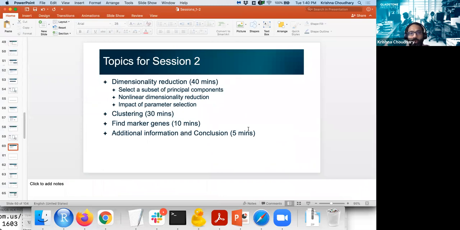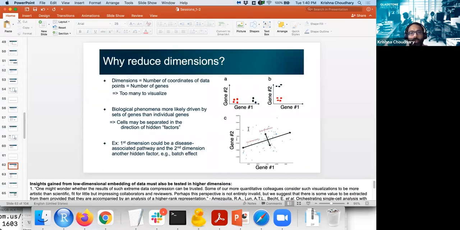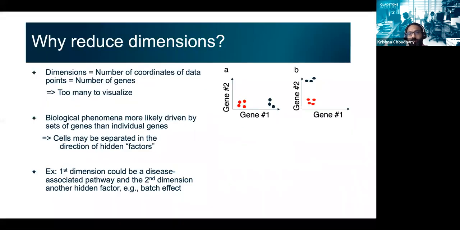Okay, well, if you don't have any questions, we can get started with our next section of dimensionality reduction. So first of all, what are dimensions? Let's say we perform an experiment where we are dealing with only 2 genes at a time.